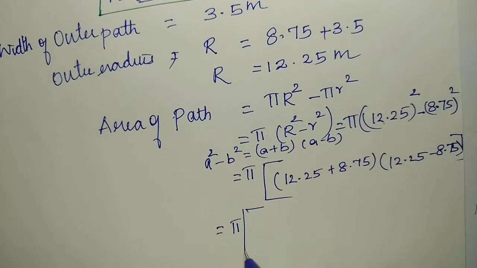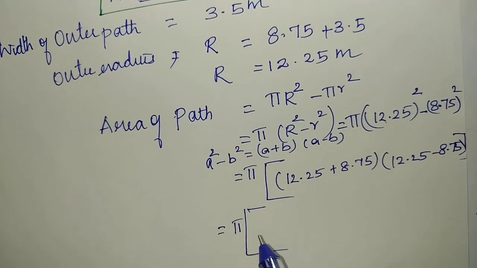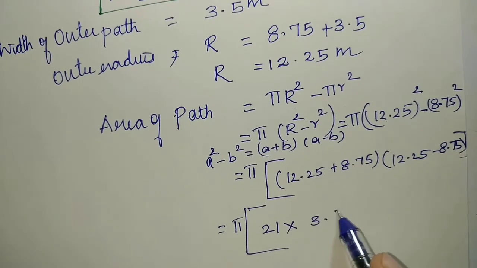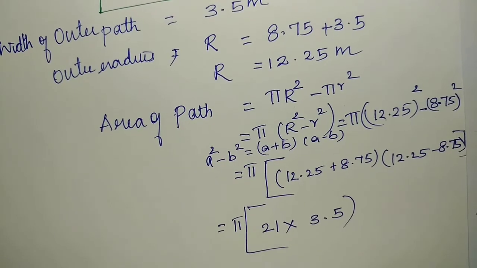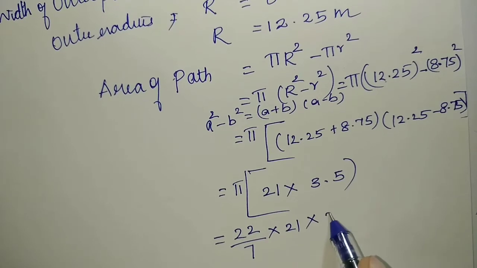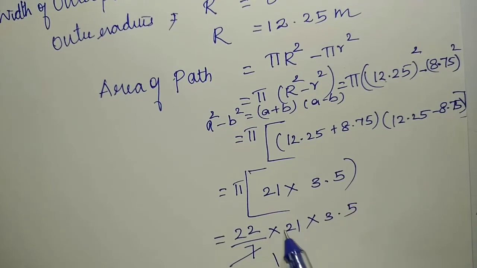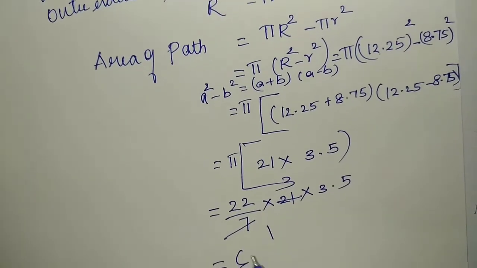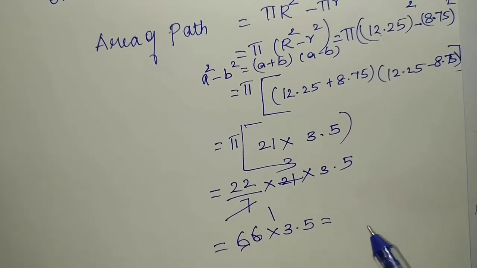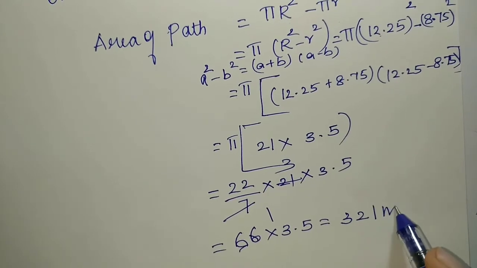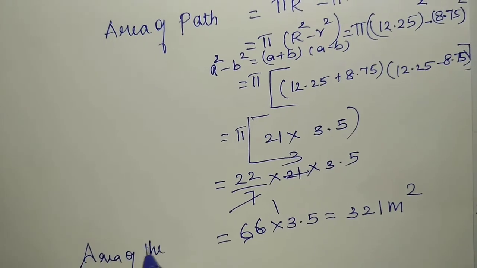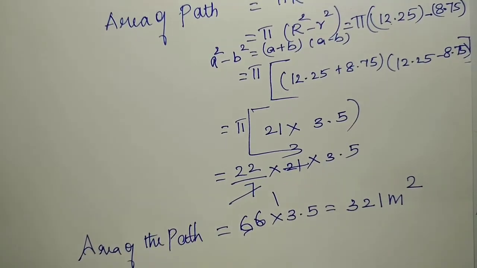If you add these two values, you will be getting 21. If you subtract, you will be getting 3.5. Now pi is 22 by 7 into 21 into 3.5. 7 3s are 21, 66 into 3.5 is equal to 231 meter square. This is the area of the path.